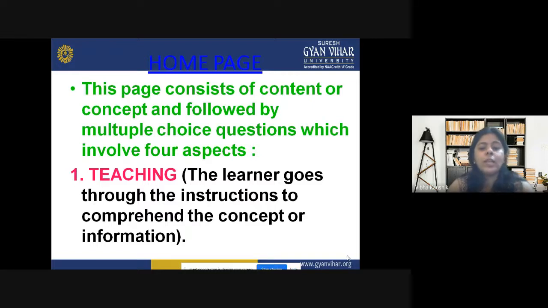The first one is teaching. The learner goes through the instructions to comprehend the concept of information.